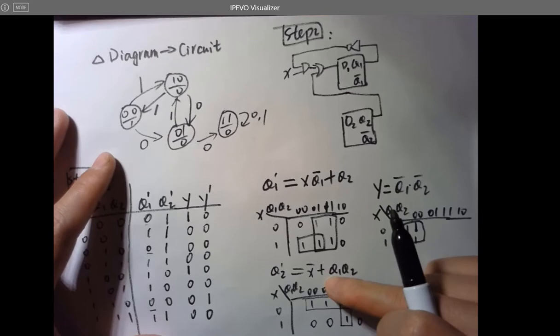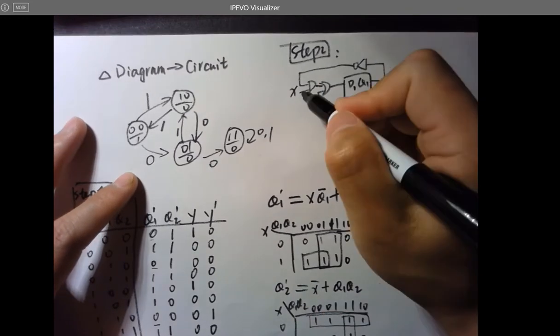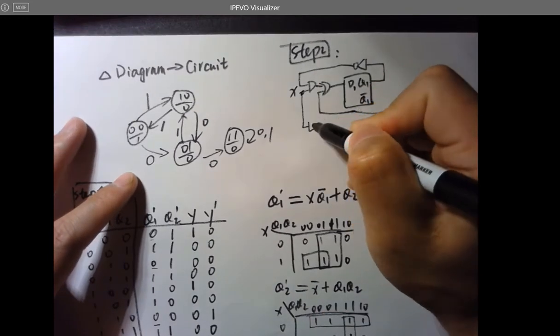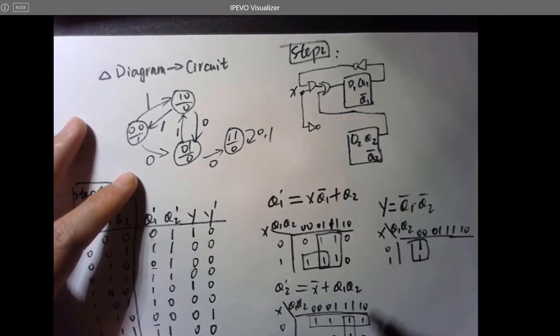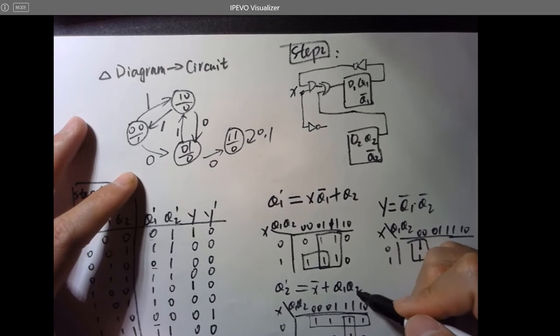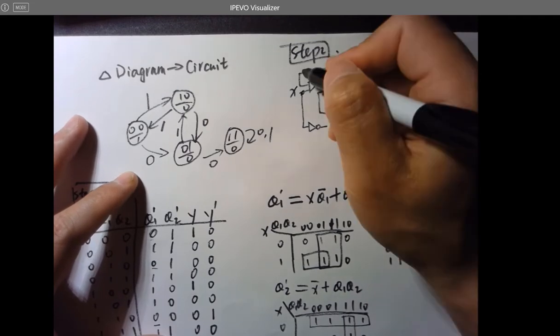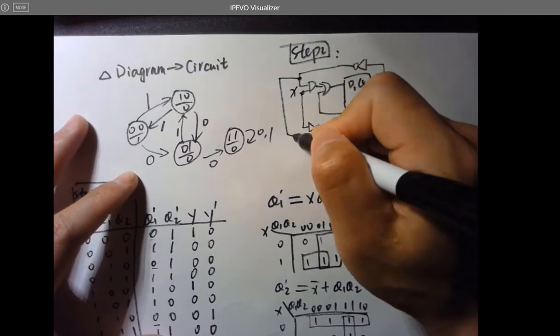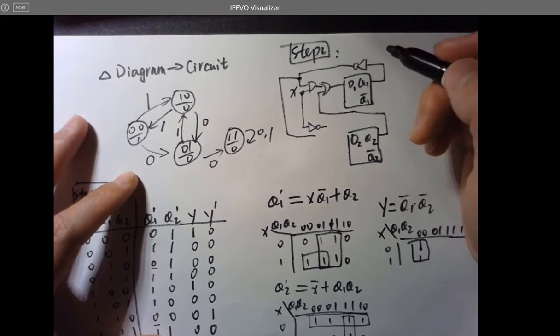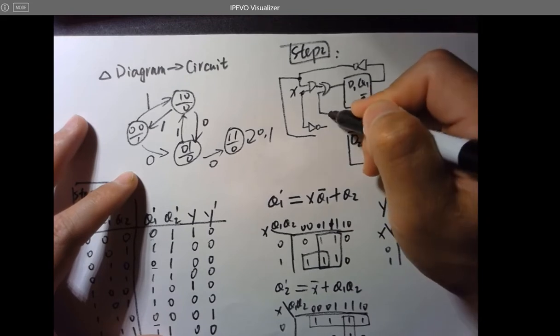What about Q2 prime? Q2 prime is X not, inverted, or Q1 and Q2. That's Q1 and that's Q2.